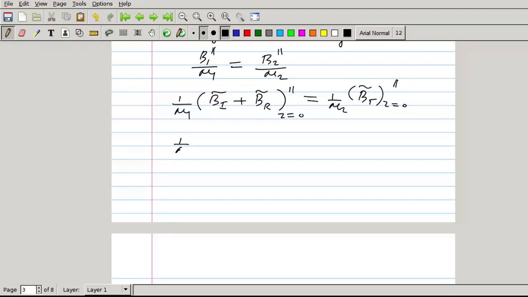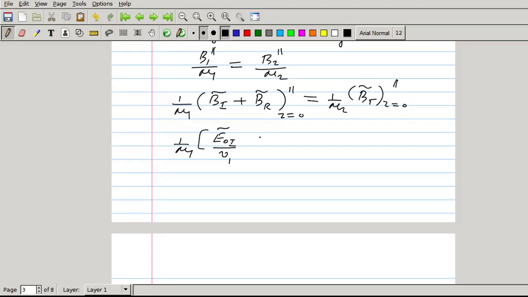So this will be 1 by mu1 into, at z equal to 0, Bi. What is the incident wave vector? E0I by V1, e raised to i k1 z, with z equal to 0. So this is e raised to minus i omega t. All the terms have e raised to minus i omega t, so that will get cancelled; I need not write it. That will be present in all the terms, and it will cancel.